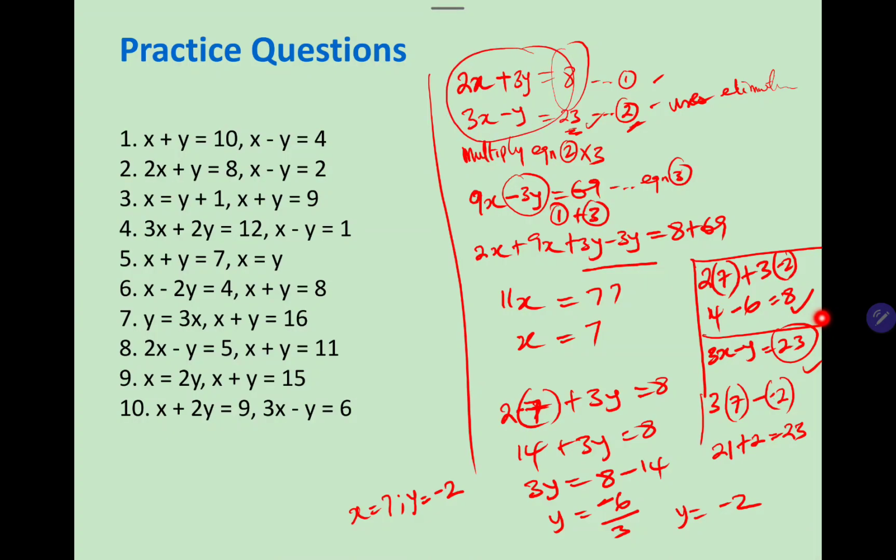Like in this case, all you can do is to look for a number to multiply either equation 1 or equation 2 to bring up a third equation that can be added or subtracted from one of the equations in order to eliminate one of the variables, one of the unknown. Okay, then after eliminating that variable, you substitute your value in either equation 1 or equation 2, the original equations given to you. Okay, this is very, very simple.